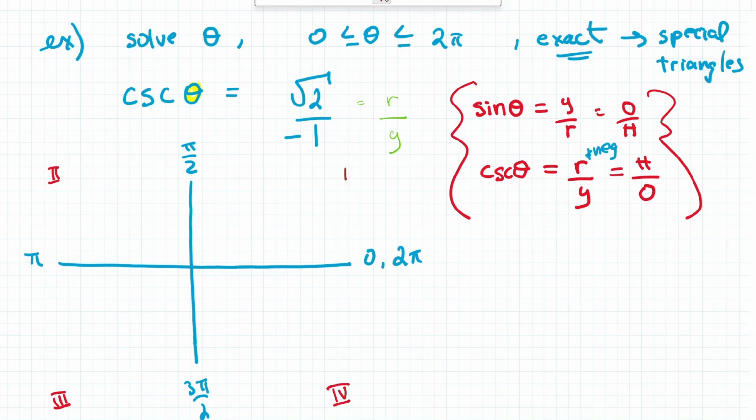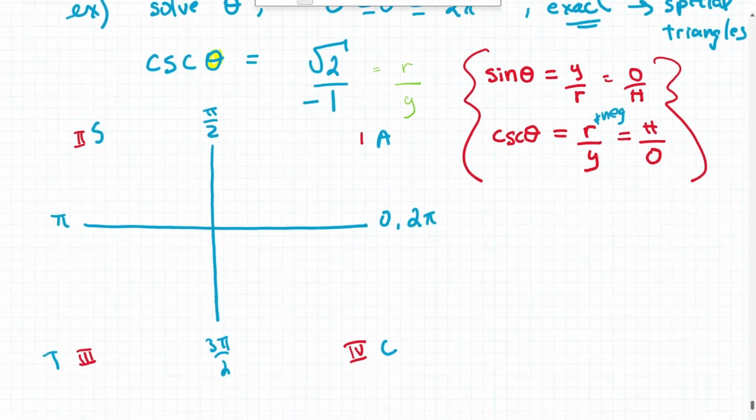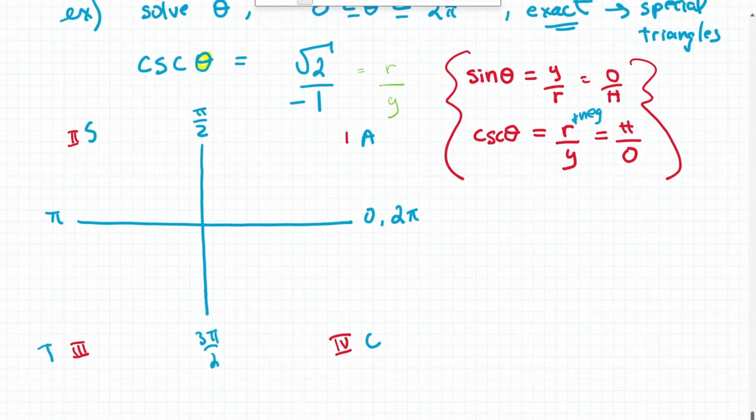And then we'll write out our CAST rule. So we've got C, A, S, T. And our CAST rule tells us which ratio is positive or negative in which quadrant. So here, the reciprocal ratios follow the same CAST rule as the primary ones. So sine is positive in the A quadrant for all and the S quadrant for sine. So that means it's going to be negative in the bottom 2.